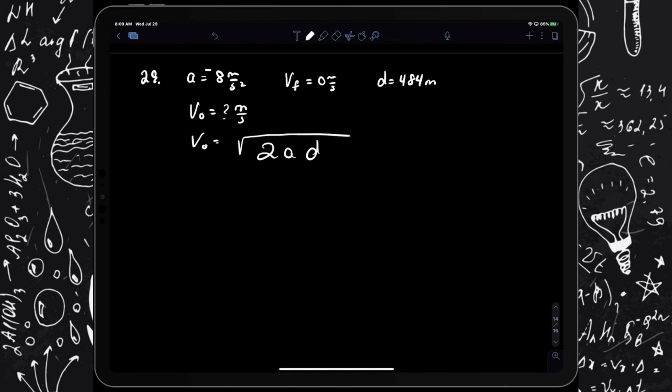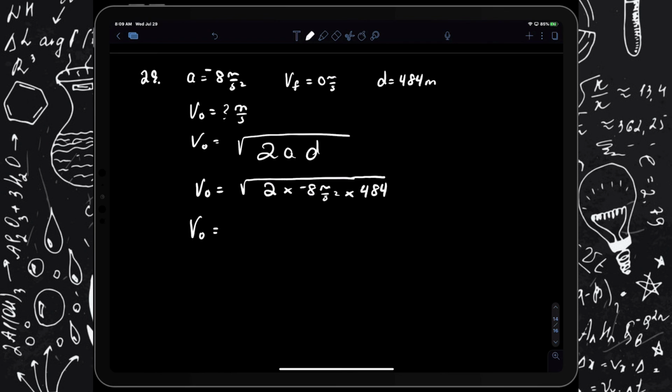All right, so let's plug that in. We'll have VO equals the square root of 2 times negative 8 meters per second squared times 484. Now, the negative sign inside of there is not going to work out. I think it might come up with an error, so just be aware of that. Just get rid of the negative when you're doing the math.